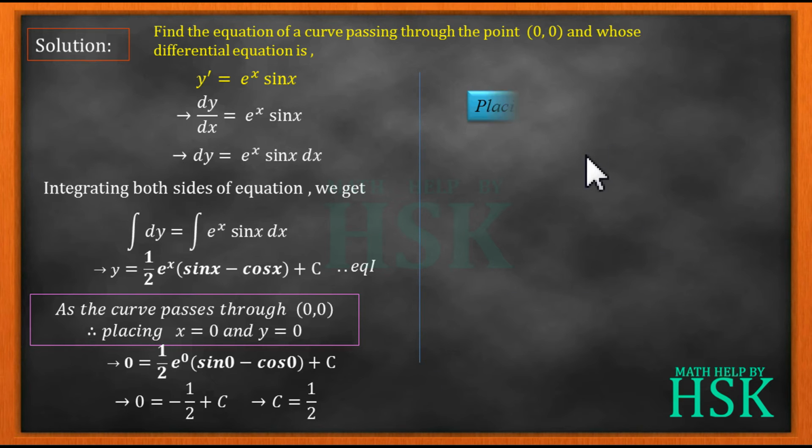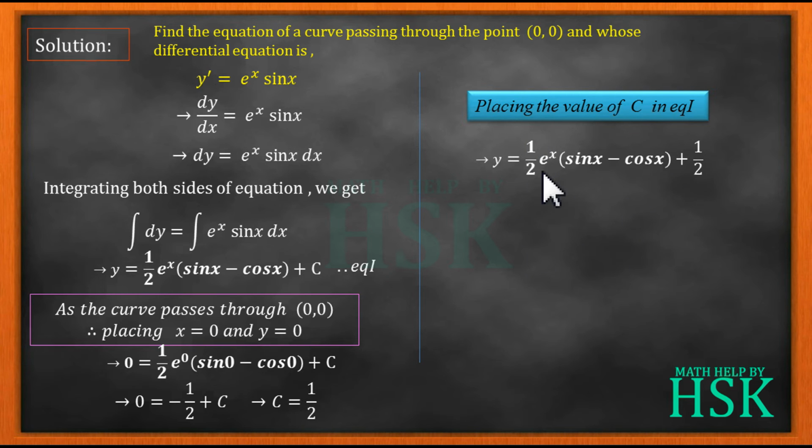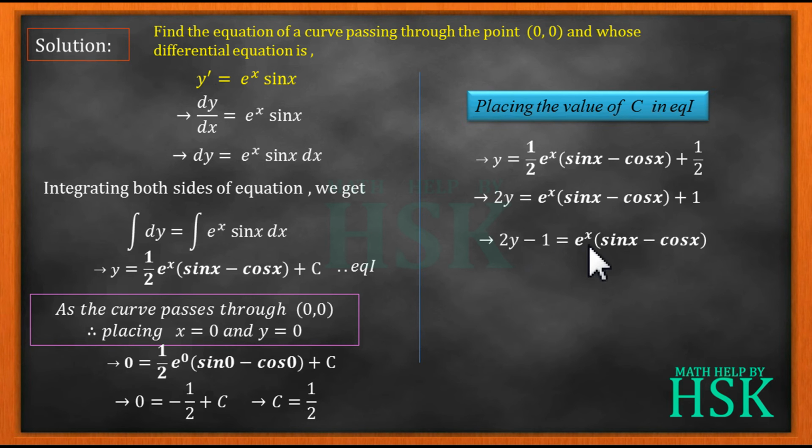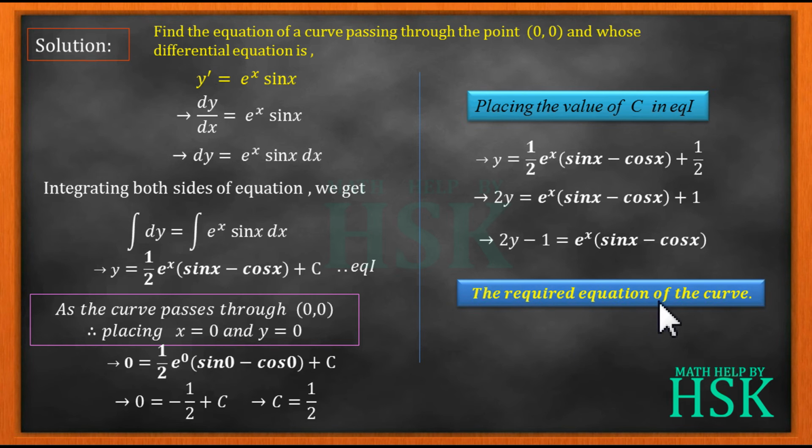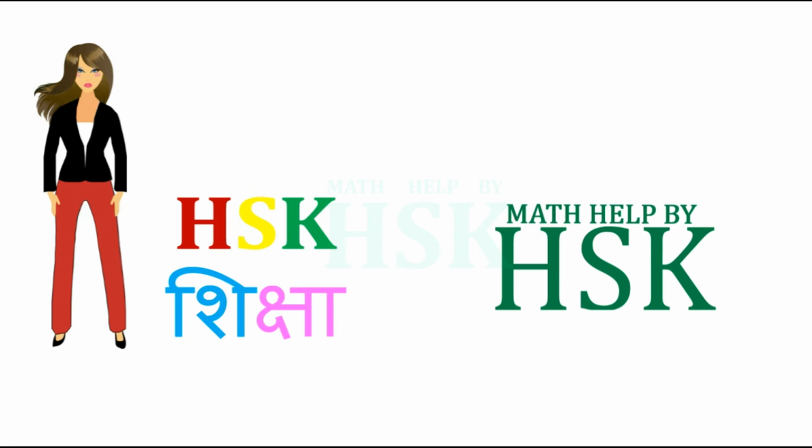Now placing the value of c in equation number 1, I get y is equal to 1 by 2 times e to the power of x into (sin x minus cos x) plus 1 by 2, or I can write 2y is equal to e to the power of x into (sin x minus cos x) plus 1, or 2y minus 1 is equal to e to the power of x into (sin x minus cos x). So this is the required equation of the curve. Okay, so this is how I'm going to solve this question.